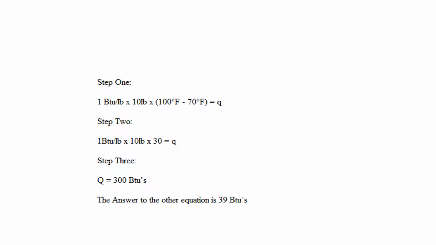In step 1, you would put in the known numbers and get 1 BTU per pound times 10 pounds times (100 degrees Fahrenheit minus 70 degrees Fahrenheit) equals Q. In step 2, you have found your difference in temperature: 1 BTU per pound times 10 pounds times 30 equals Q. In step 3, you multiply your numbers together and you have found your answer.